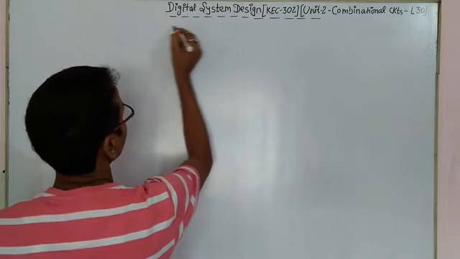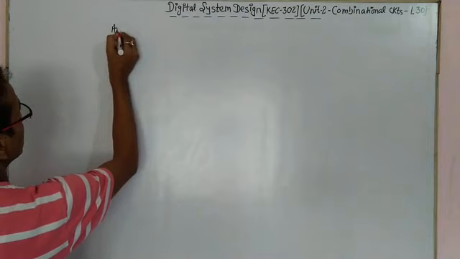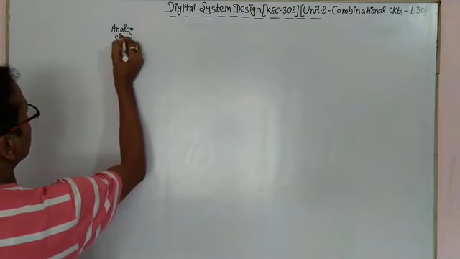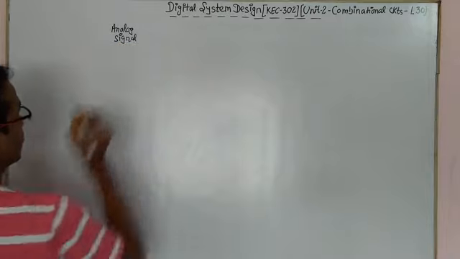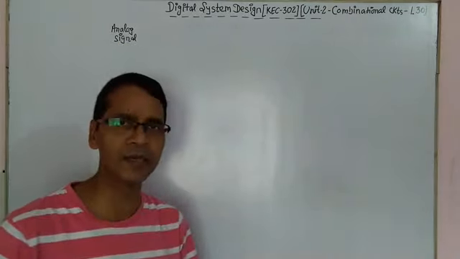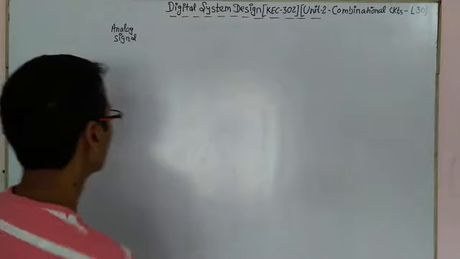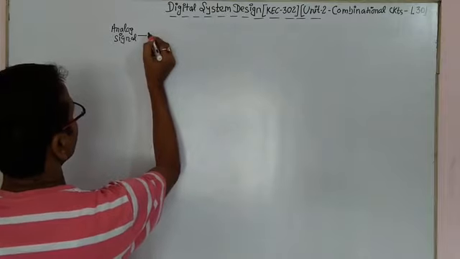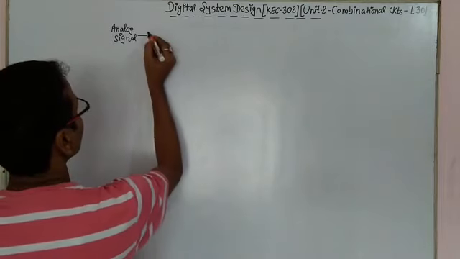This is the analog signal. You have an analog signal, and first you have to convert this signal into digital form. So this analog signal you will have to convert into a digital.